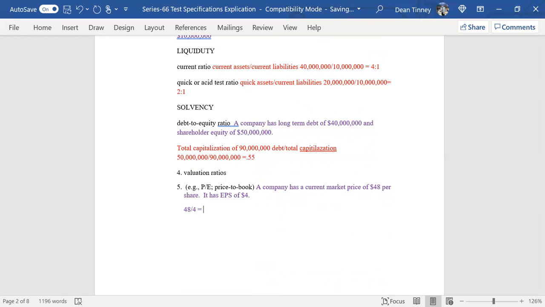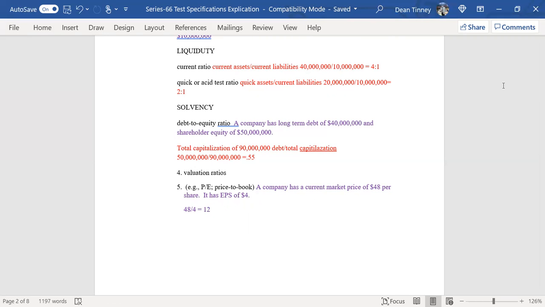And so you simply take 48, divide by 4, and you would tell me the price to earnings is 12. It takes us 12 years in earnings to get back what we just paid in price. This is another one I can't imagine you're not going to get. So we said there's 4 or 5 questions here. We know we're going to get the PE ratio, and we know we're getting negative correlation for sure. So that takes care of 2 of those 5, right?